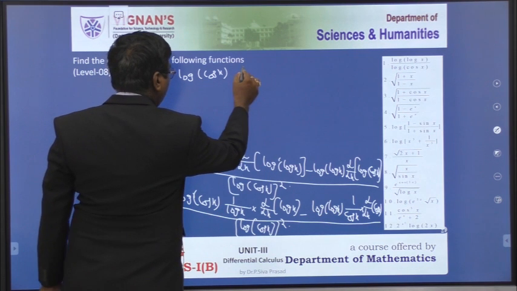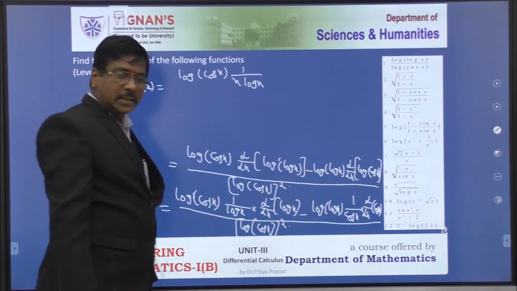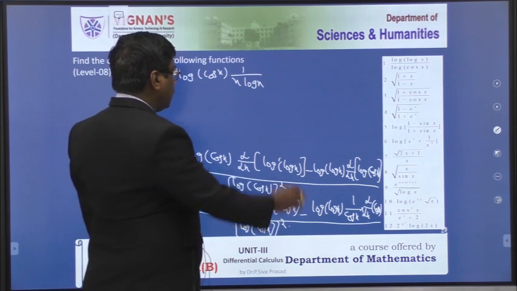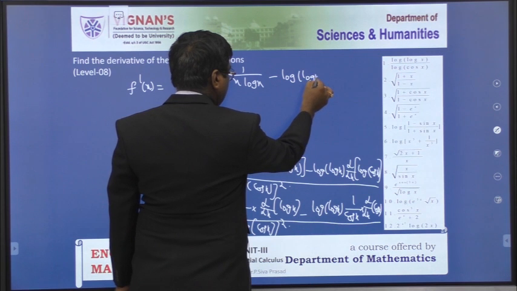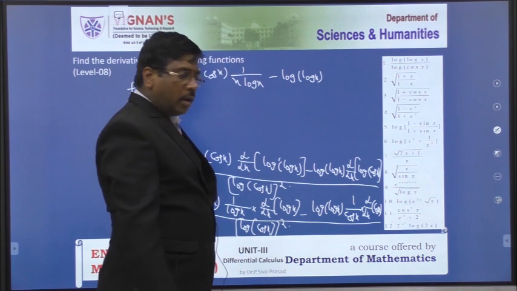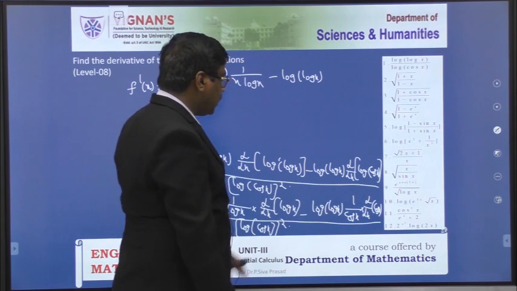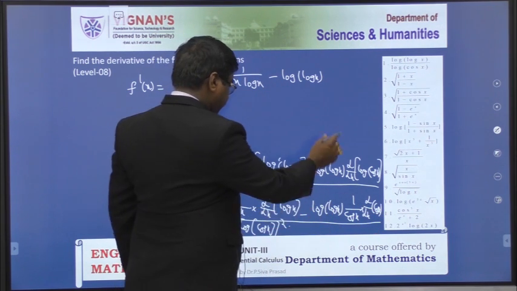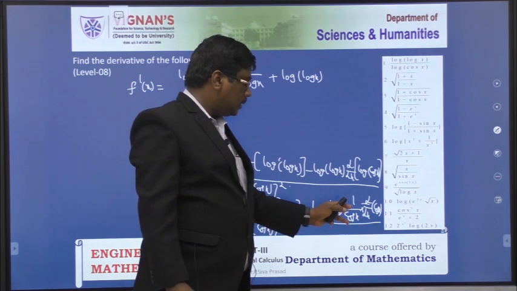Then this is 1 by x log x. Directly I write 1 by x into log x, minus log of log x into, here d by dx of cos x is minus sin x. Then minus of minus is plus. Then this is sin x by cos x.